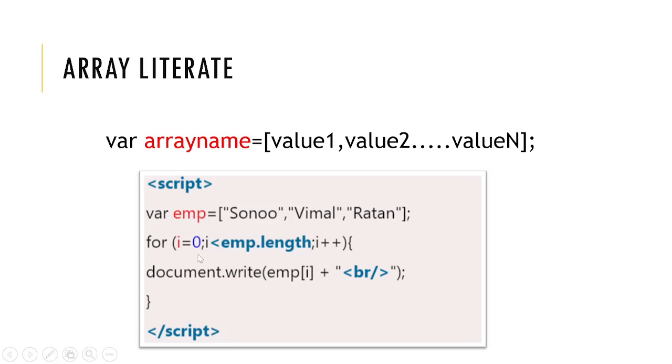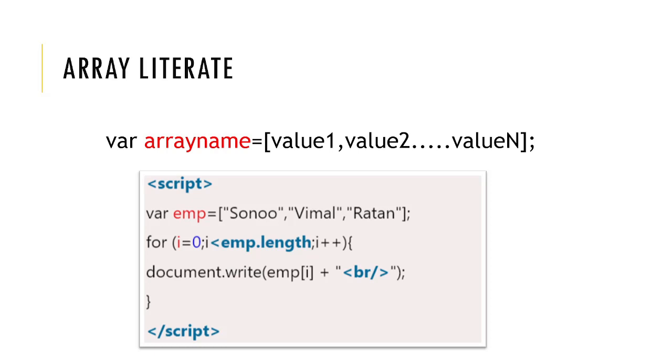The array index starts with 0, then i less than the array name dot length, and i plus plus. With document.write we print all the elements: the array name emp and the index, which is always mentioned within square brackets. This program will display the names initialized in the array emp. This is the first method.